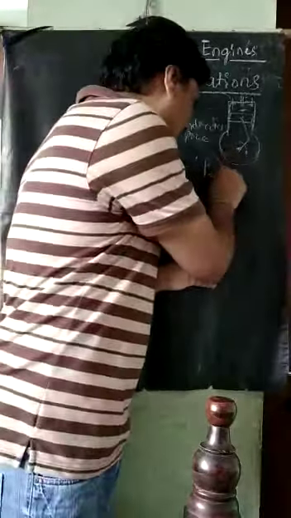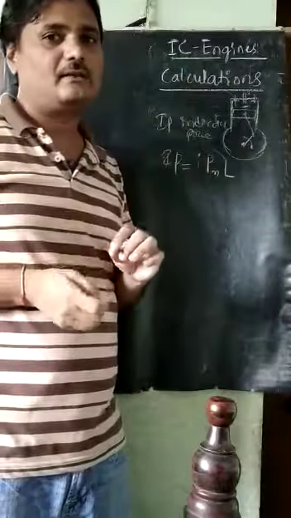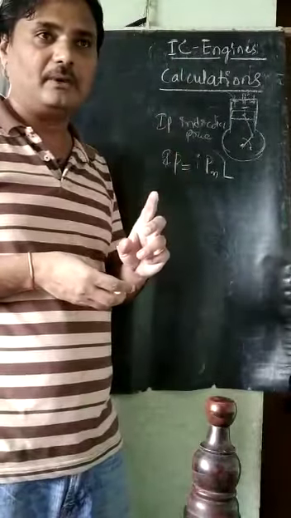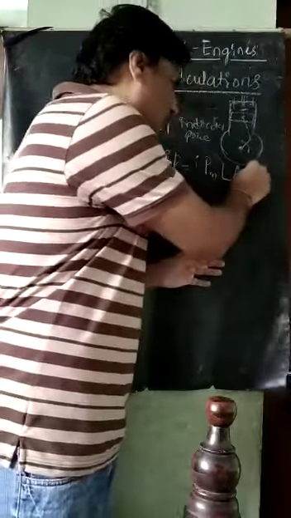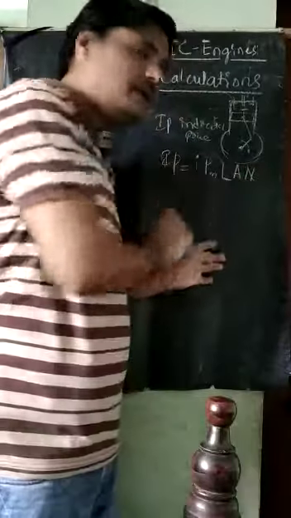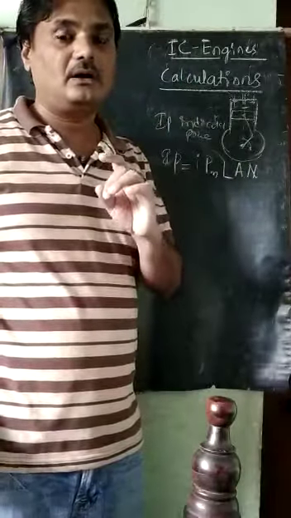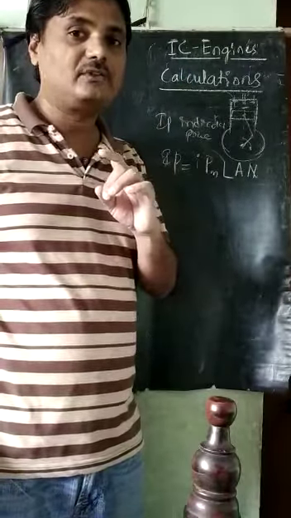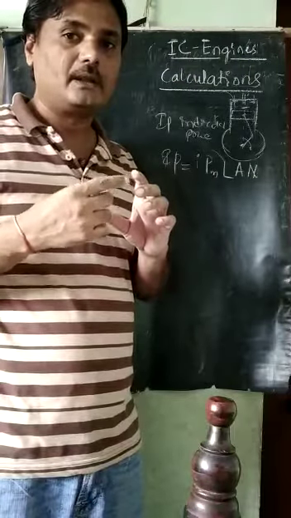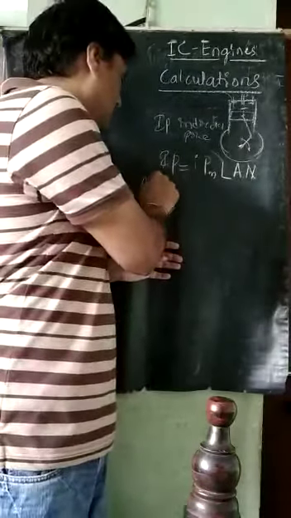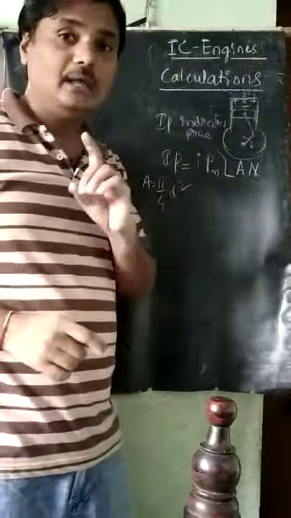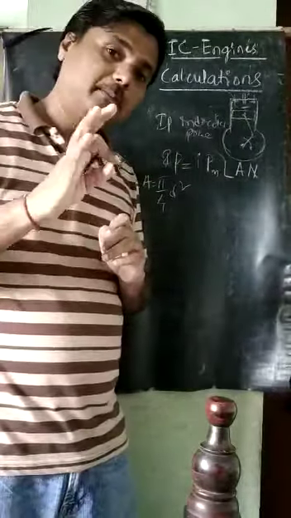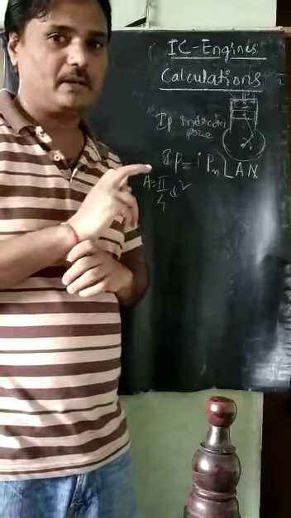Then L, as you know, is the stroke length. It is the distance between the TDC and BDC, into A, into N. A means the cross sectional area of the piston or cylinder. A is equal to pi by 4 into D square, where D is the diameter of the piston, or the bore diameter, what we call.